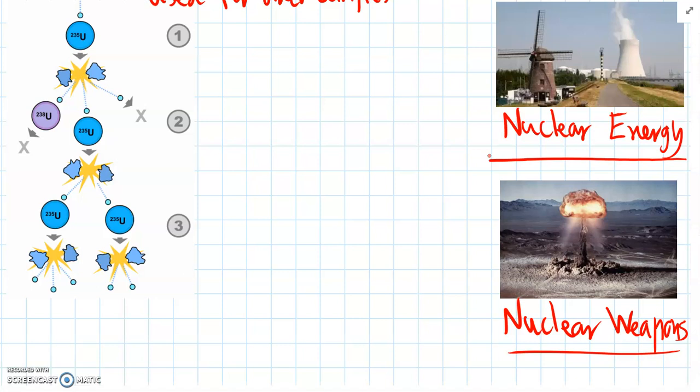So the way that both of these processes work is we use radioactive atoms still, but we use a phenomenon that's called a chain reaction.